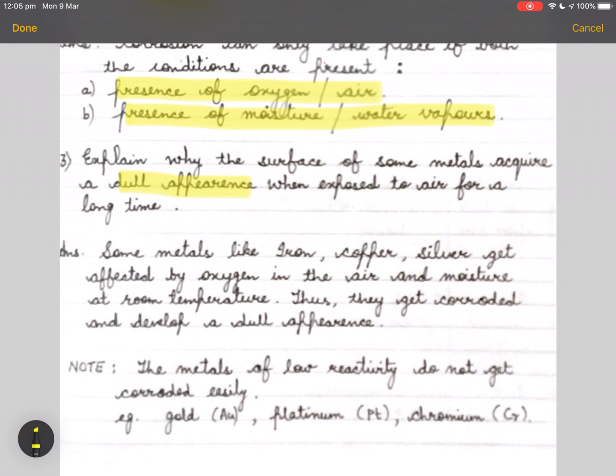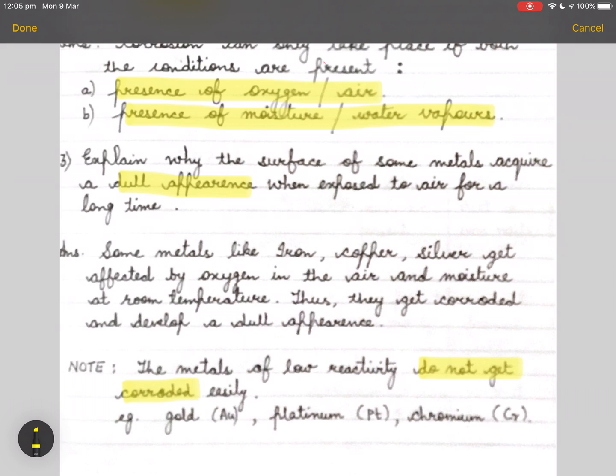Okay, now another very important thing, sometimes they might ask you in the board exam, what are the metals which will not undergo corrosion? We have learned the reactivity series in the previous lecture on displacement, and I gave you the tricks to remember the reactivity series. Hope you remember, otherwise go back and refer to it.